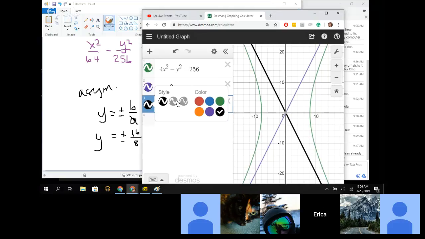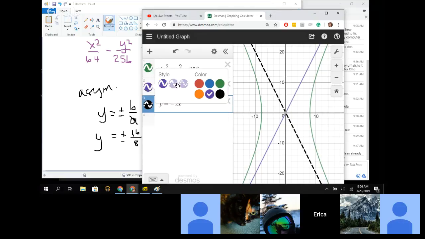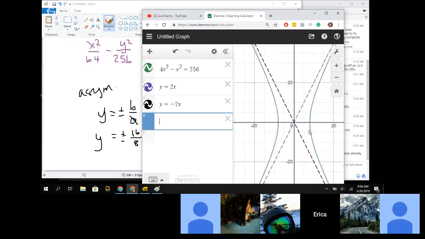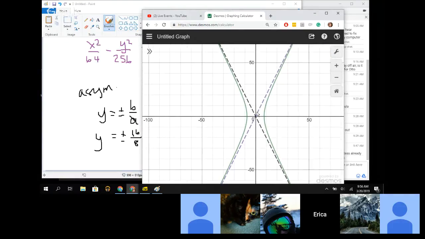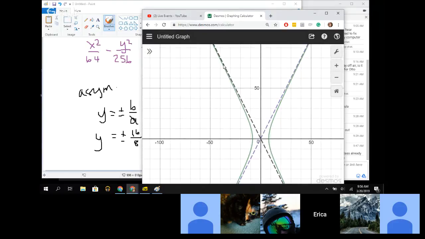And these we'll draw as dotted lines so you can see that they aren't actually part of the graph. Those are the asymptotes. So these are the values that your hyperbola gets really close to but never quite meets. You can see as you zoom out, it gets really close but never quite meets.